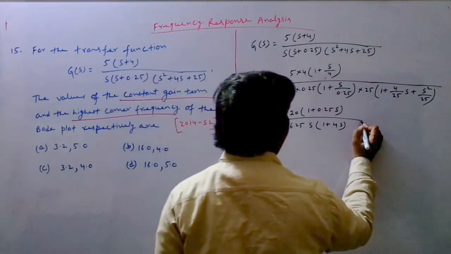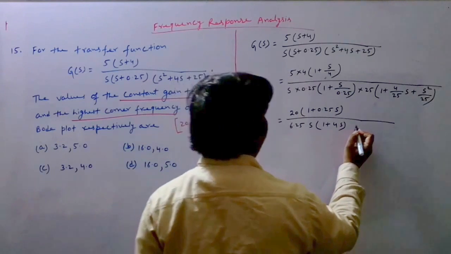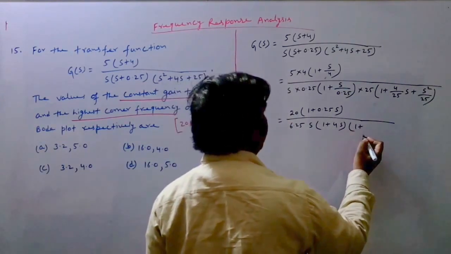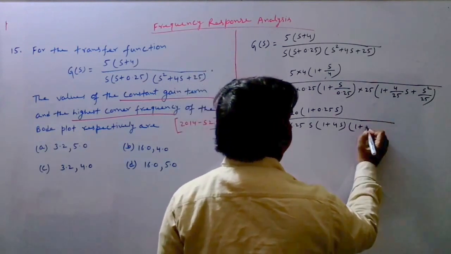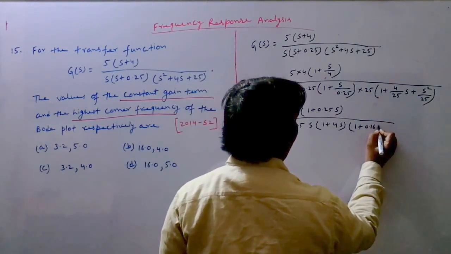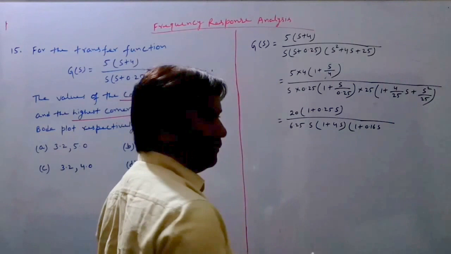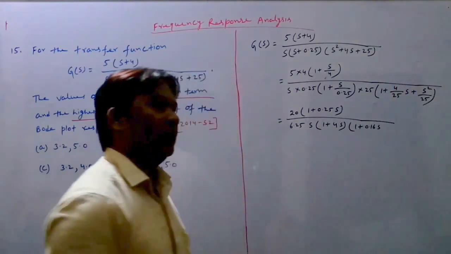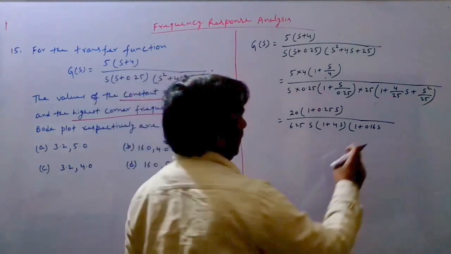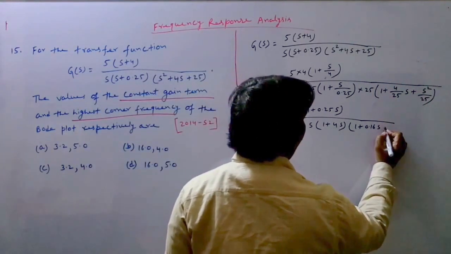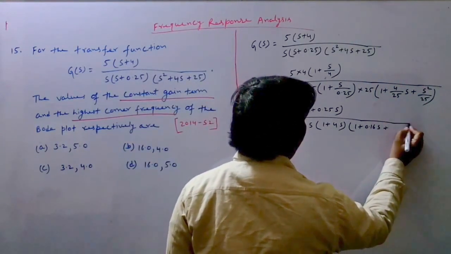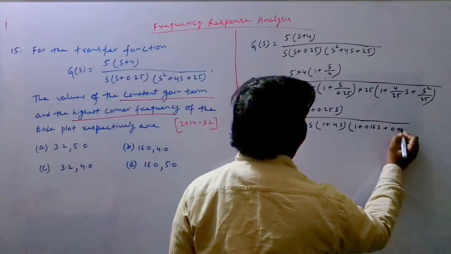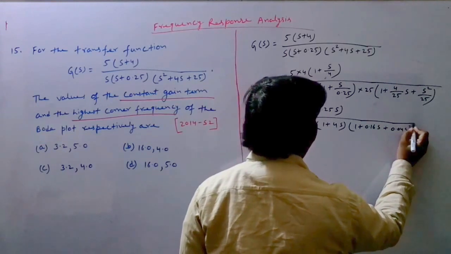Here 1 plus 0.16 s, because if we divide this 4 by 25, it will give 0.16, plus 0.04 s square.